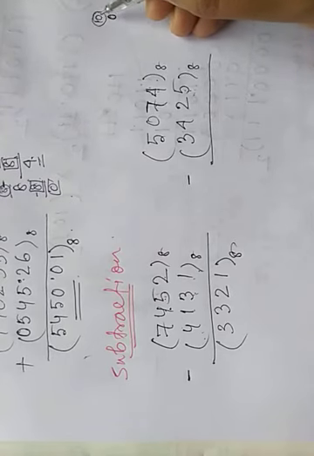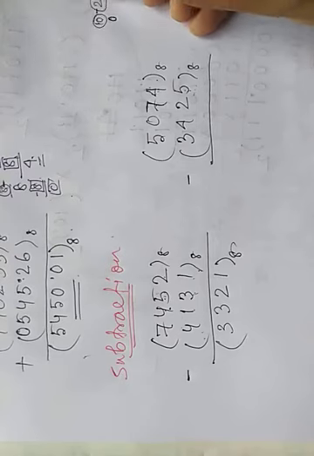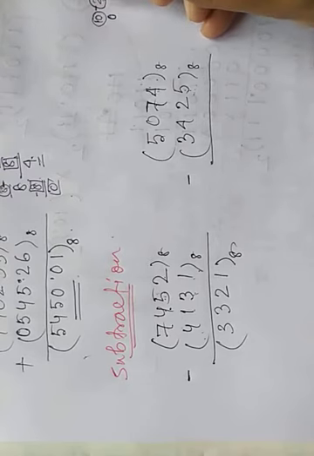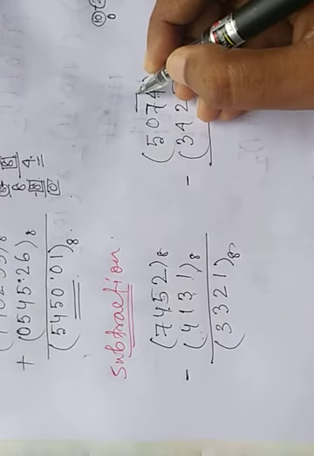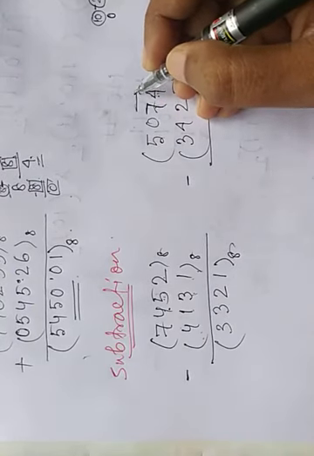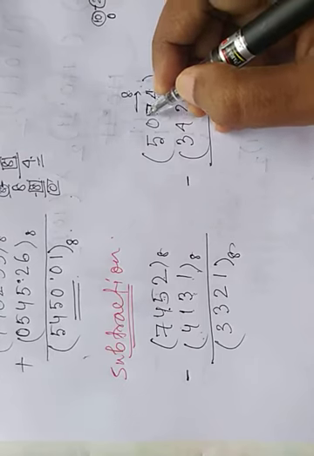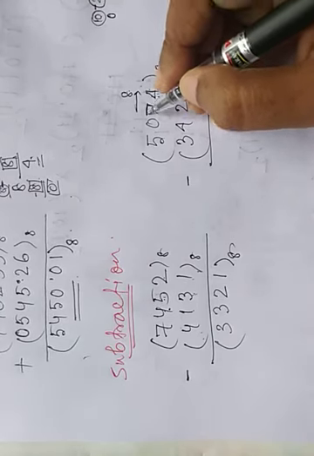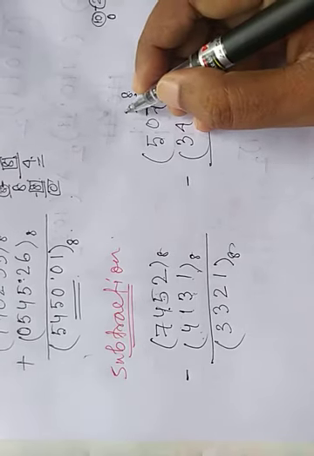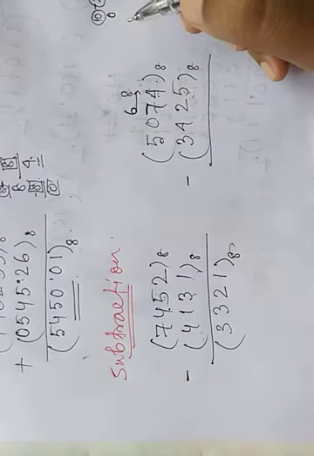What does it mean? 1 0 means 2, the base of the number system. So here also whenever we take any borrow, we have to add 8 here, and as we take 1 from its previous value, it changes into 6.